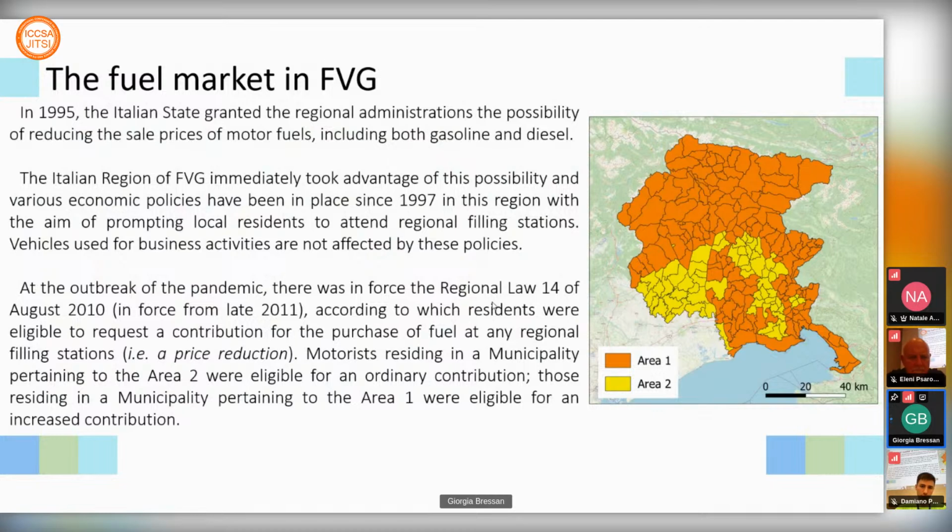Those are considered disadvantaged according to a series of national and European regulations. That is why they are included in the set of municipalities where residents are allowed to ask for a greater contribution for the purchase of fuel.